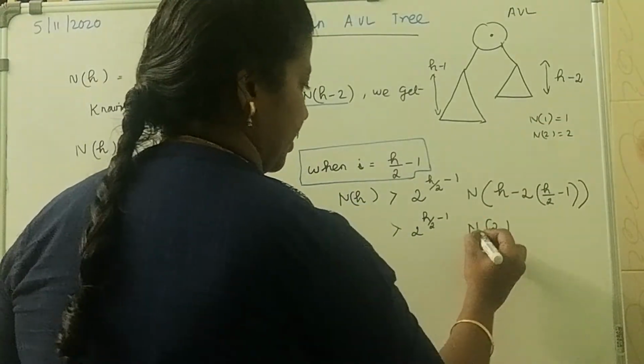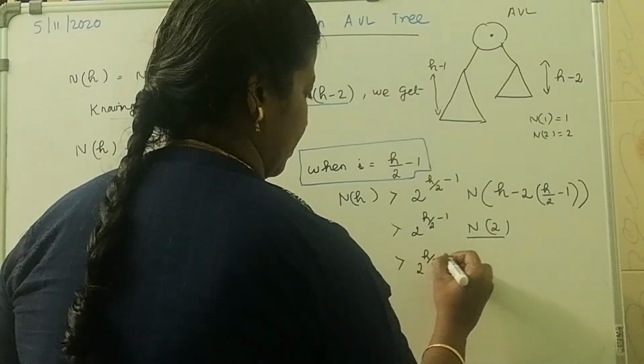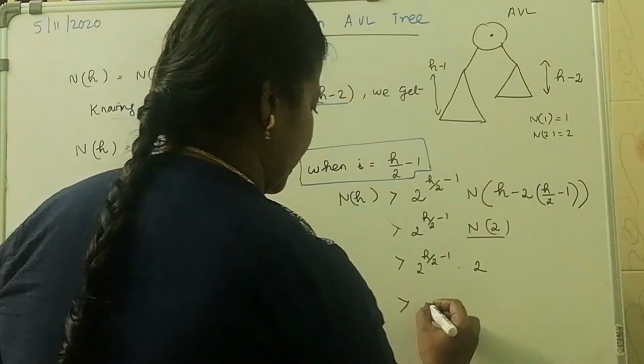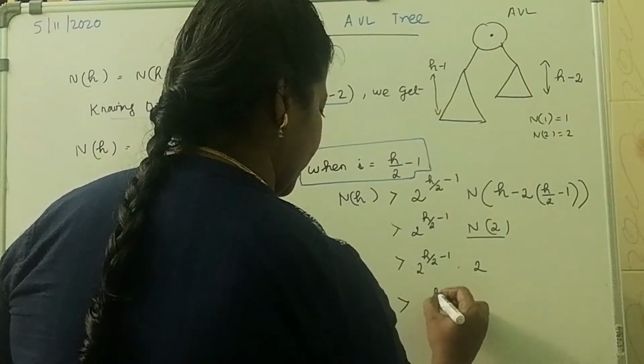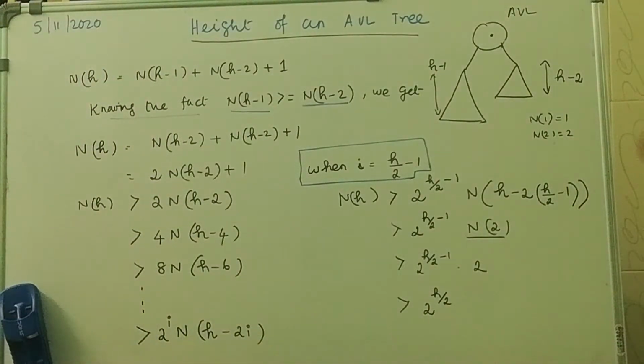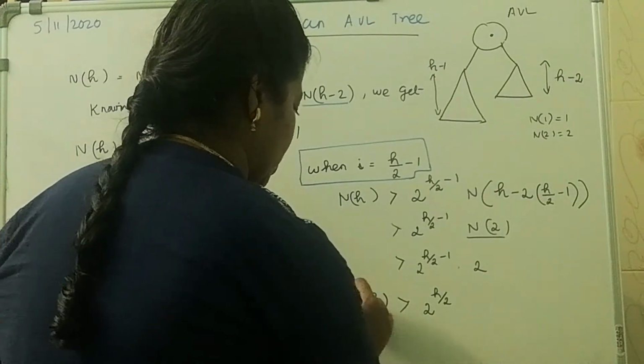These are the base conditions. So we replace this value, h by 2 minus 1 into 2. This is greater than 2 to the power h by 2. By solving, what you get is 2 to the power h by 2. This is what we obtain.